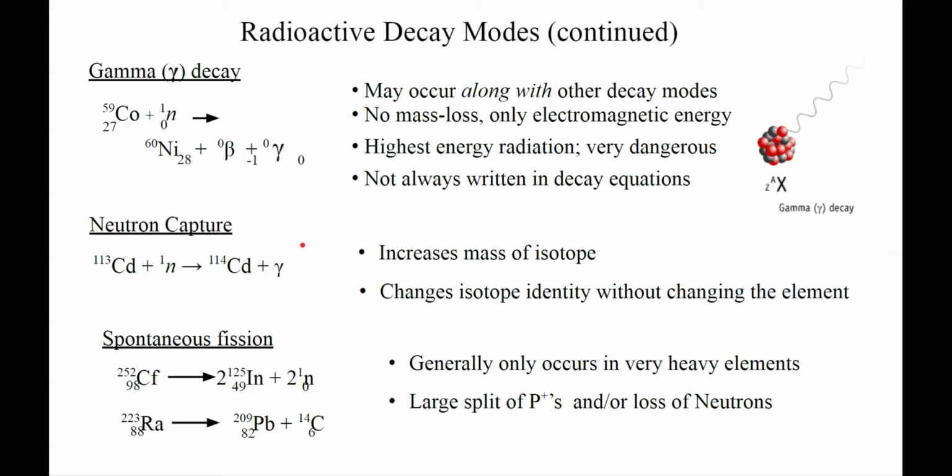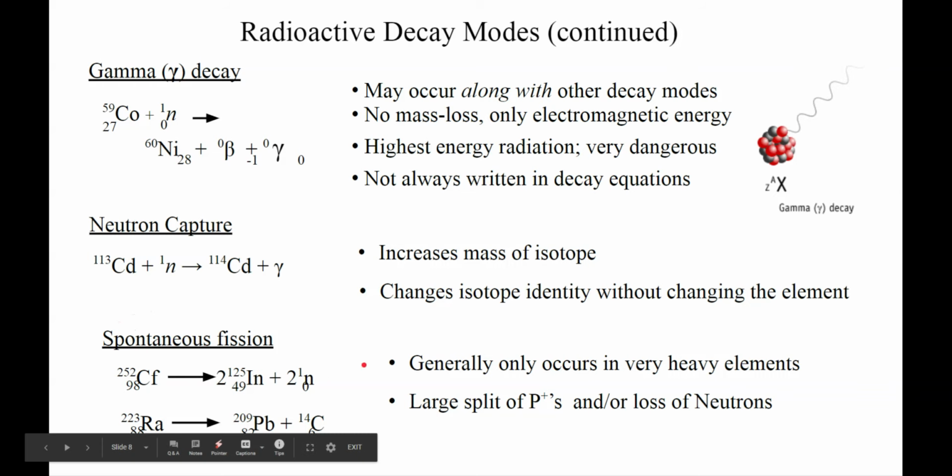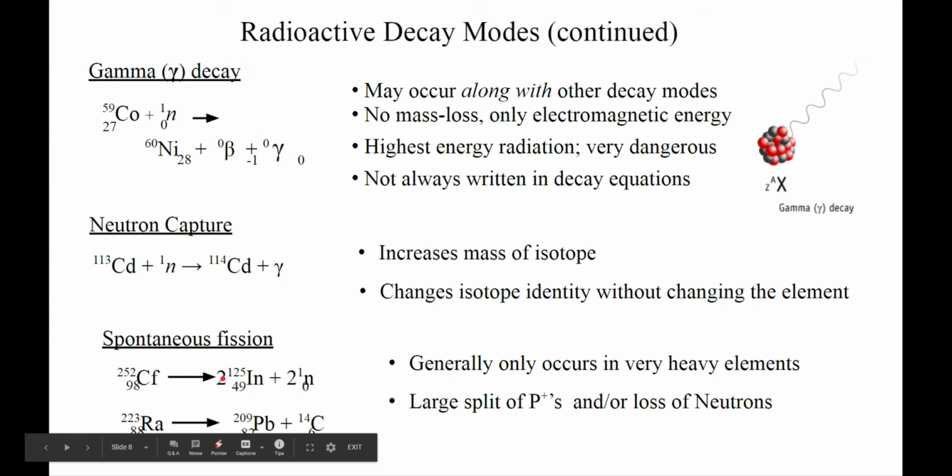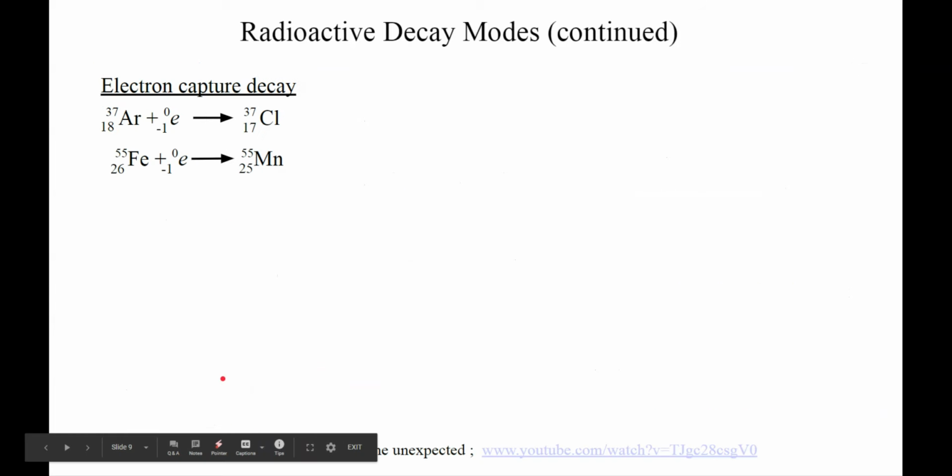When we talk about particle accelerators, they might make some new element like 294, but it will then instantly break apart with spontaneous fission, where it doesn't just spit out little bits of alpha particles or beta particles. Instead, it just kind of breaks into much larger chunks.